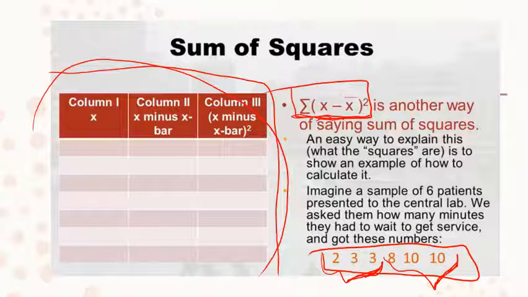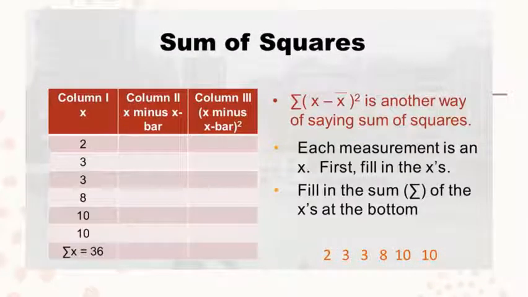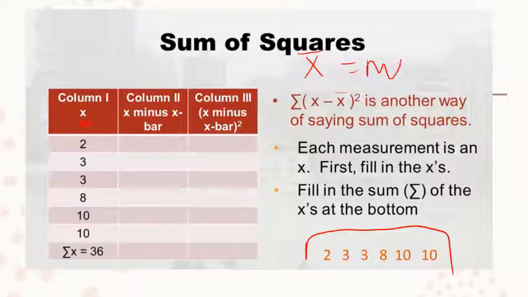Anyway, next step, what we're going to do with our fake data is put that in column 1. As you can see, we labeled these columns. Column 1 is going to be X, which is just your data, the number of minutes. In column 2, we're going to put X minus X bar. Remember what X bar means? It means the mean. It's your average.